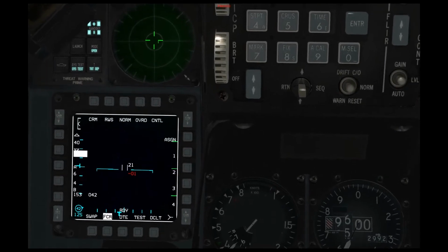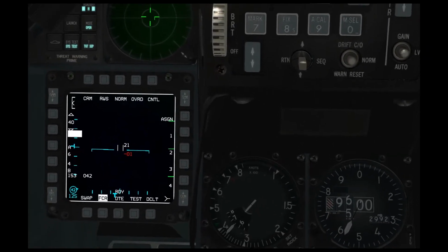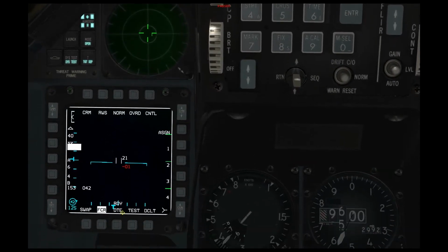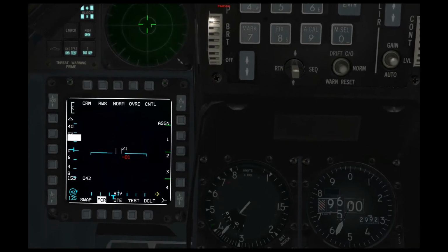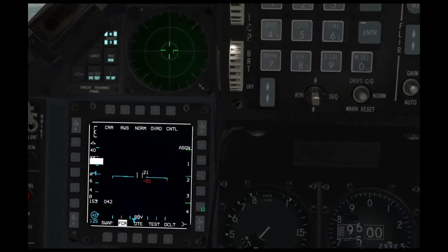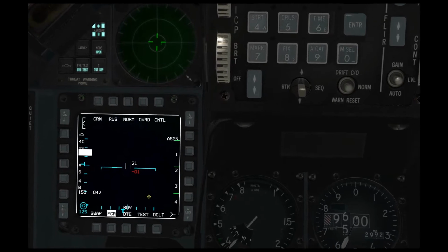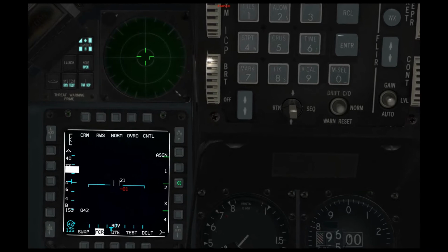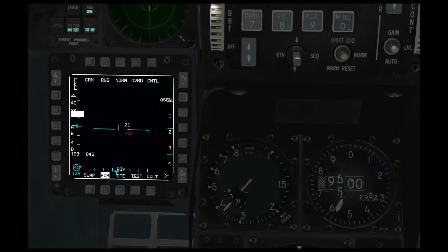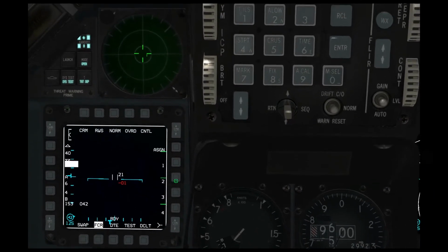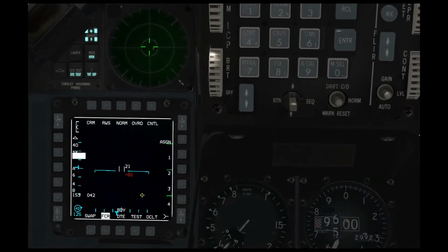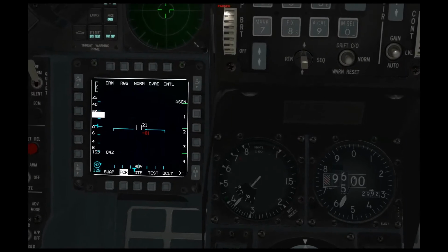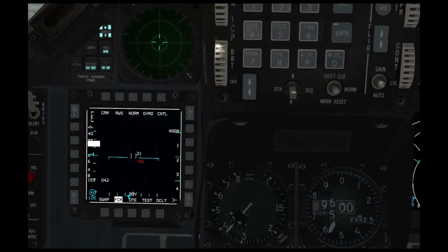And the coolest thing about it is that if you lock something up on the FCR, you can instantly send the position of that contact to anyone in your flight by clicking on these buttons. So if you locked up a bandit that's inbound, and you're the flight lead and you wanted your wingman to see it, you click 2. It will say data on his screen, and he'll instantly see it on his FCR.